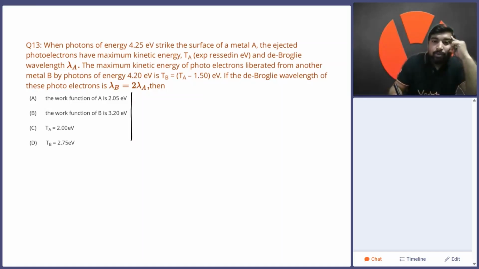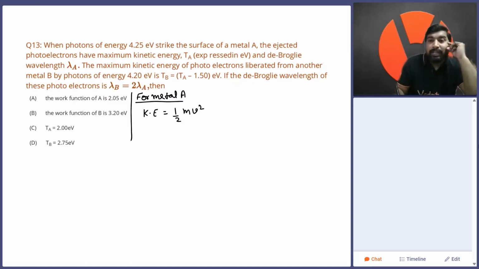Okay, so for metal A, we know that the formula of the kinetic energy is equal to half mv square.